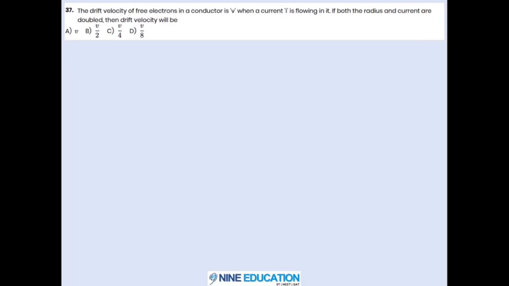First, remember the formula of drift velocity or drift speed. Current is equal to NeAVd.